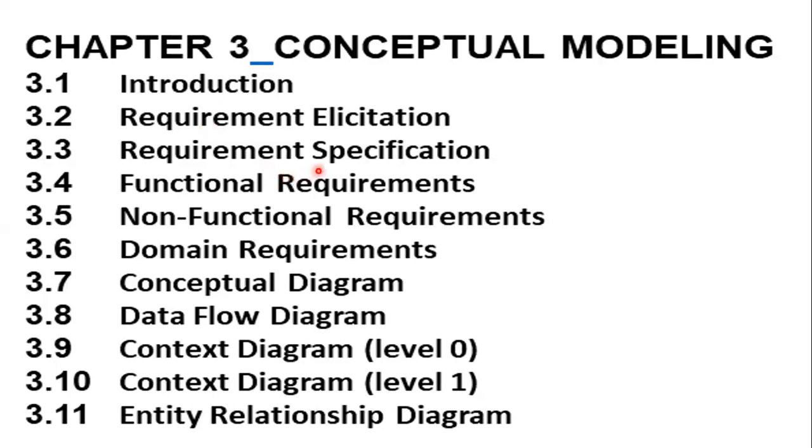Specifications, you have to tell what the different specifications are: functional requirements, non-functional requirements, domain requirements, conceptual diagrams. Clear? But they all are different. Everything is according to the nature of the project. Whoever's project it is, he'll explain all this from his point of view.